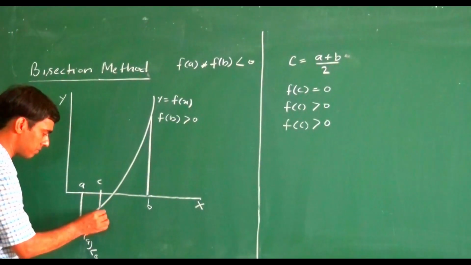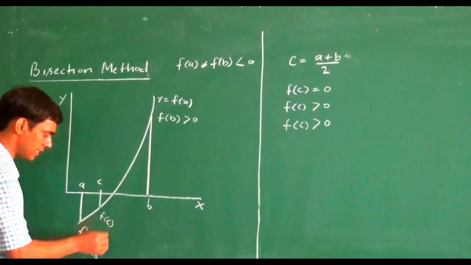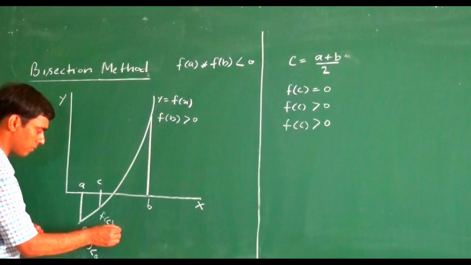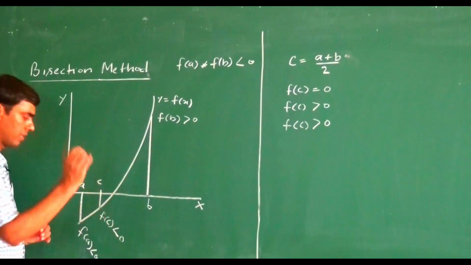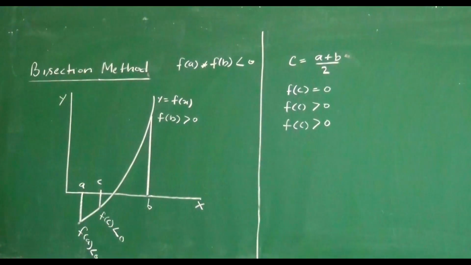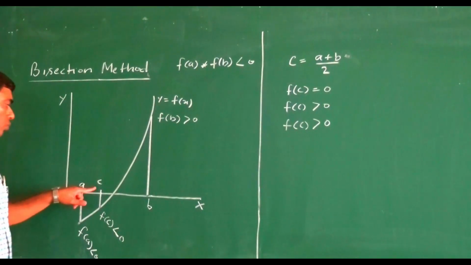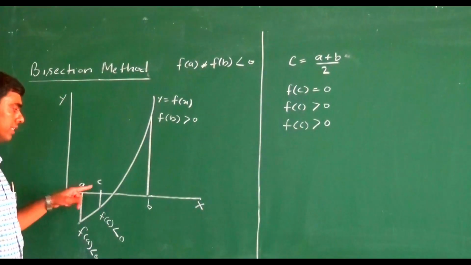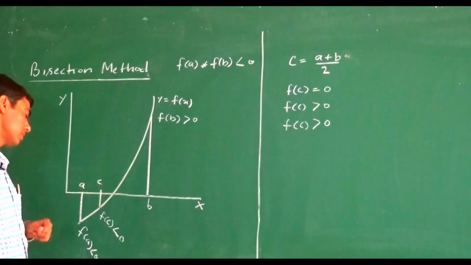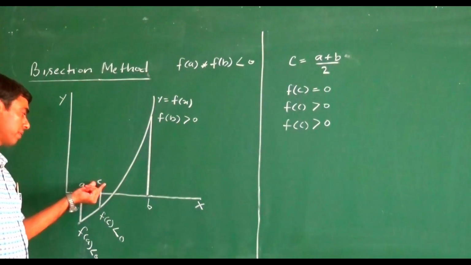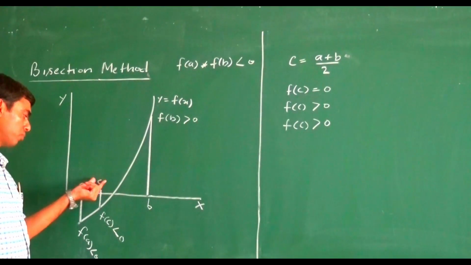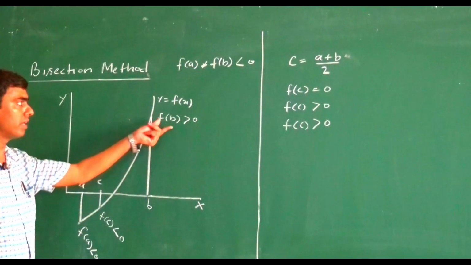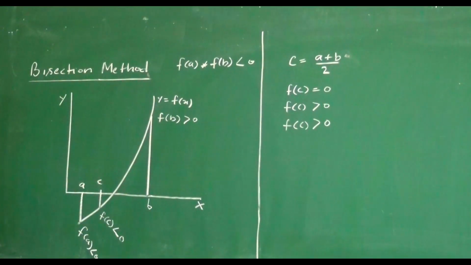This one is f(c), and in this quadrant the value of the function is less than 0. Now the root lies between c and b. Why does the root lie between c and b? Because there is one point where the value of the function is negative and one point where the value of the function is positive.